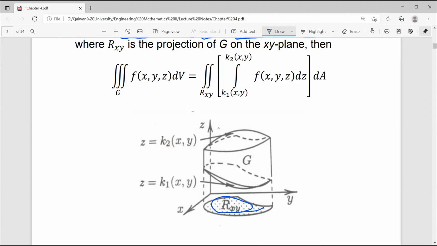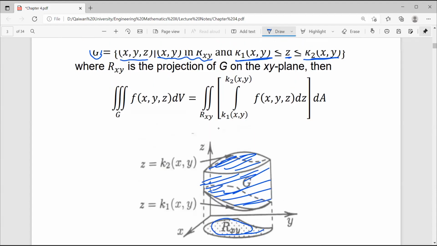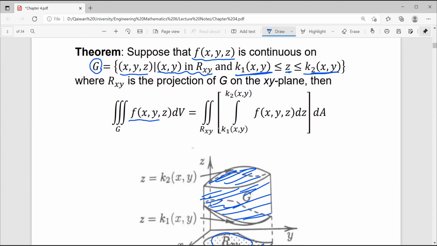Finding the volume of this solid is the triple integral of f of x, y, z over the solid. It equals, given that z is from a function of x, y to another function of x, y, the integral from k1 of x, y to k2 of x, y of dz.